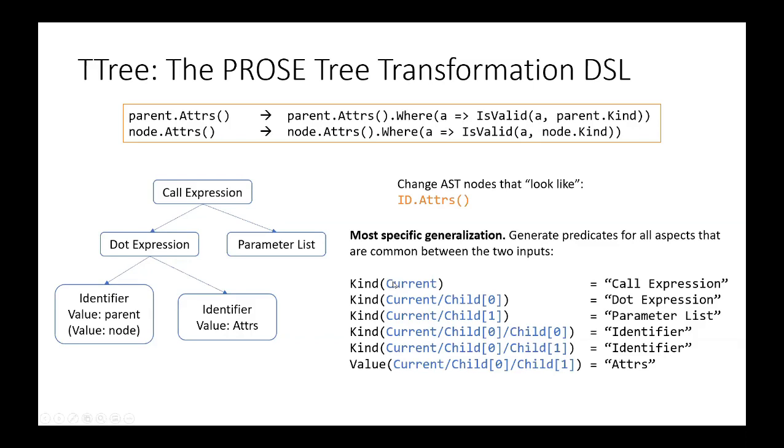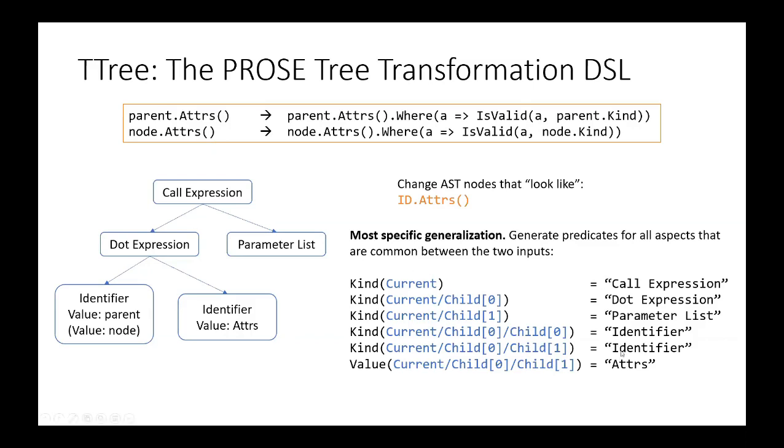For example, this one says the current is of kind call expression, and current.child of 0 is a dot expression, and so on. You generate lots of these predicates, and then you take the intersection between the predicates you generate for the input of one example and the predicates you generate for the input of the other example.